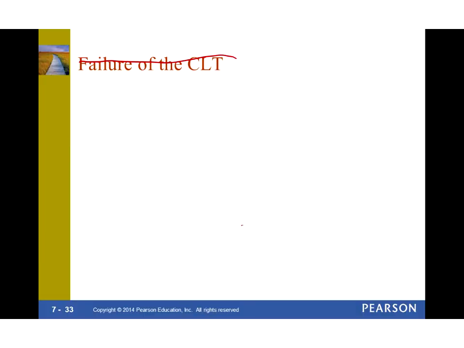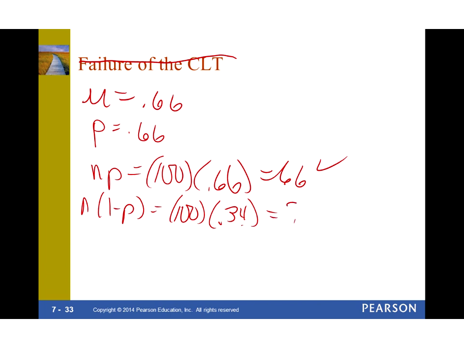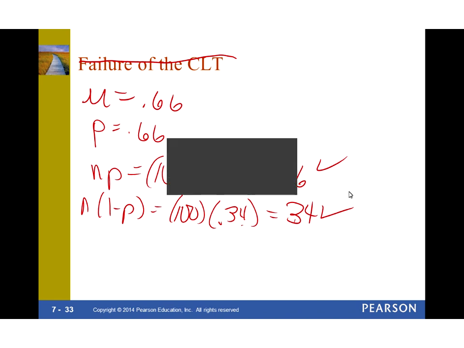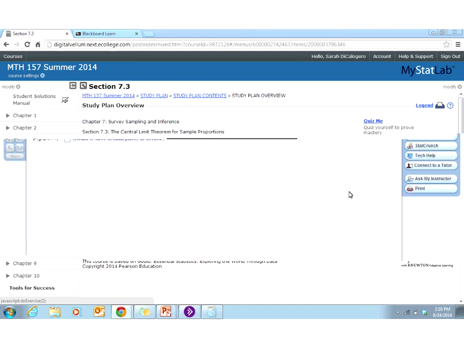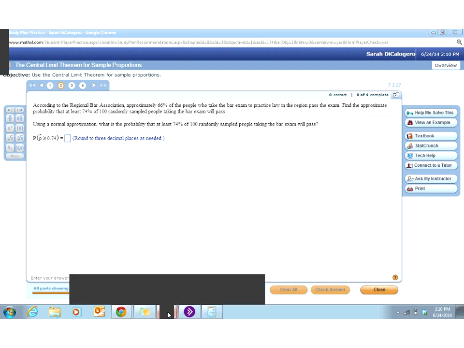So we need to make sure the CLT applies, our mean, which is also our P. So N times P is 66. That's good. N times 1 minus P is 34. So we're good. And there are more than 1,000 lawyers in the world, because 10 times 100 is 1,000, so we're good. All right, so first thing we need to find is our standard error.